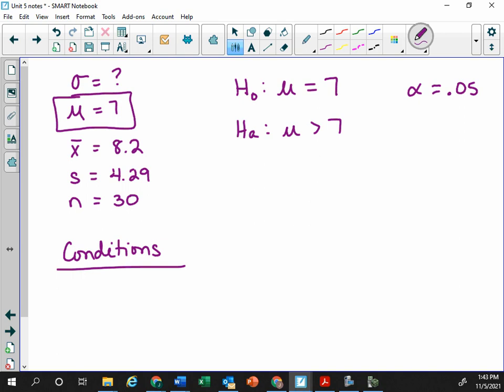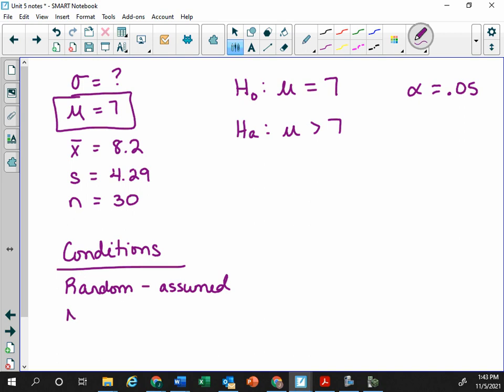So we need to check random. So what do you think, looking at your problem? Stated, assumed? It is assumed. It doesn't say random in it, does it? It just says the sample. So we're going to assume. Okay.